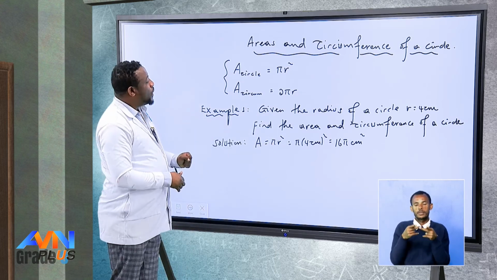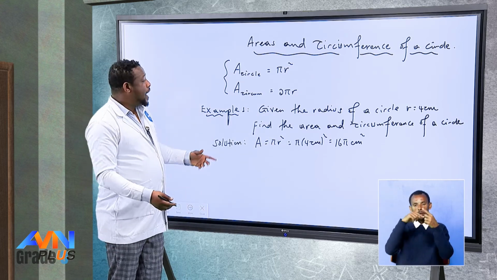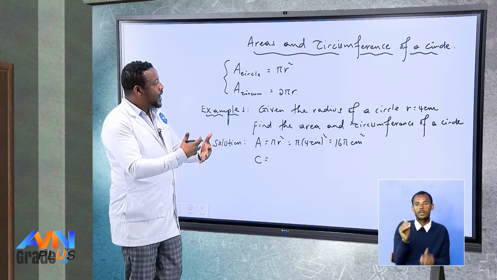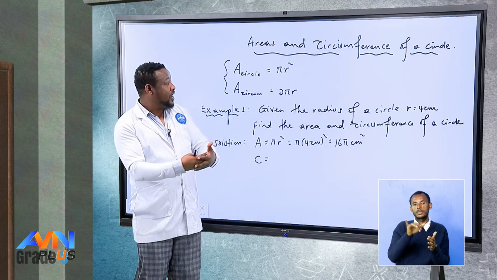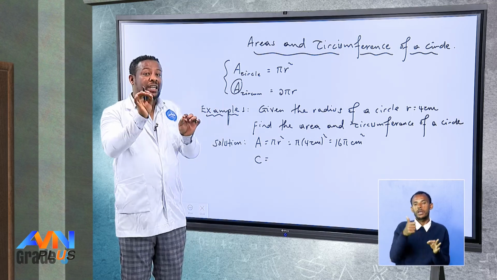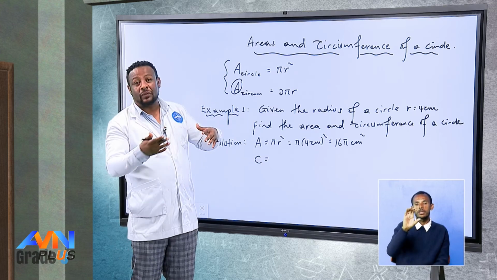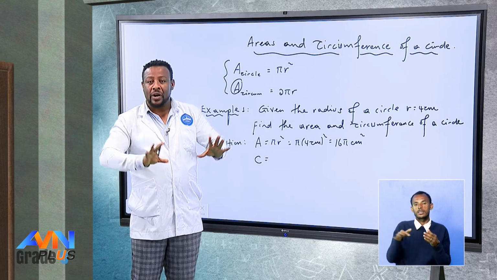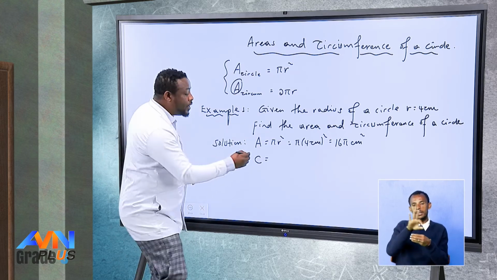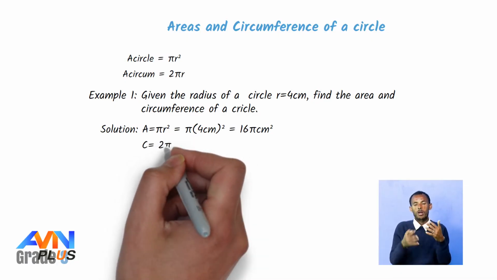Okay, when we come to the circumference, I prefer to use C because it matches with the naming. Okay, I need you to use, in place of this A1, capital C, so that you can identify whether it is circumference or area. So the circumference of a circle is defined by the formula 2 pi r.